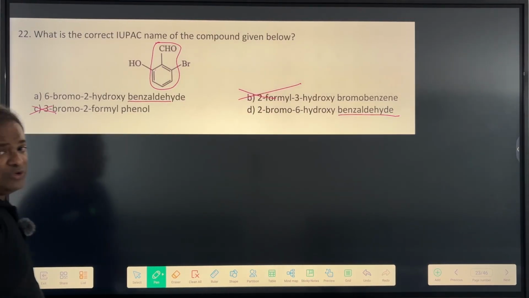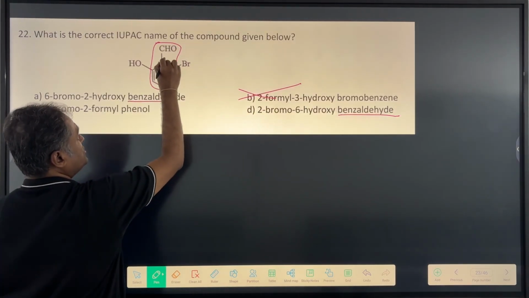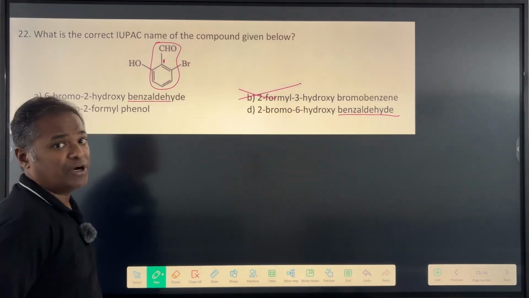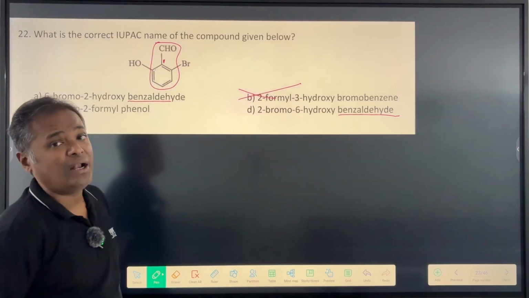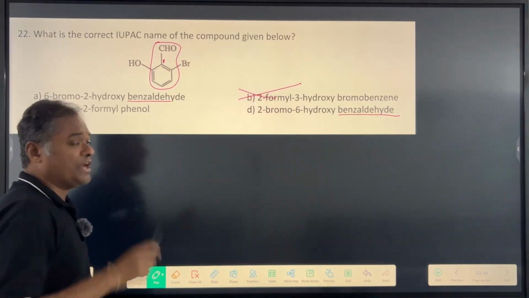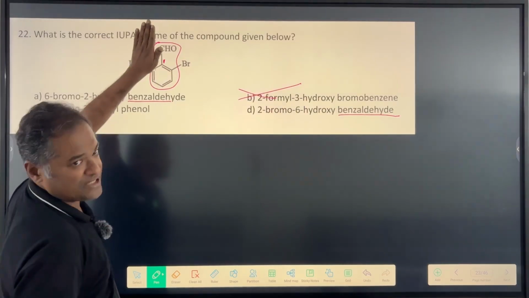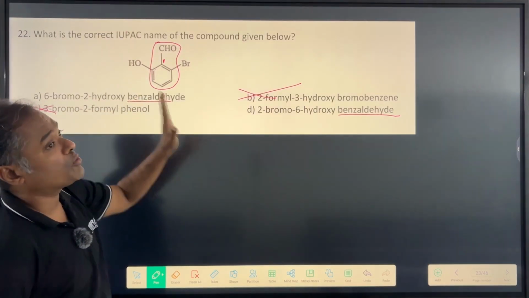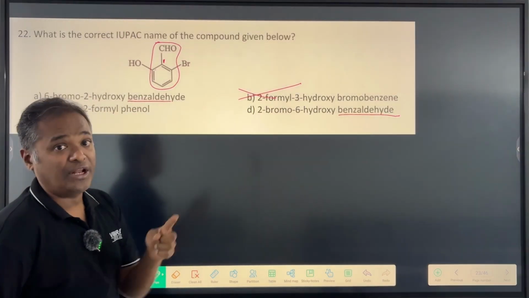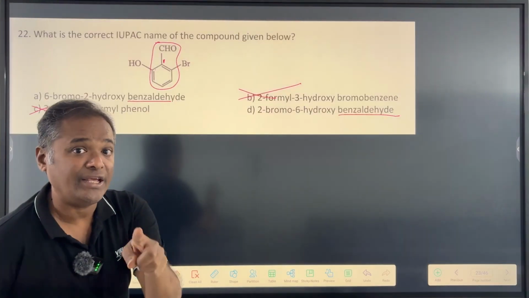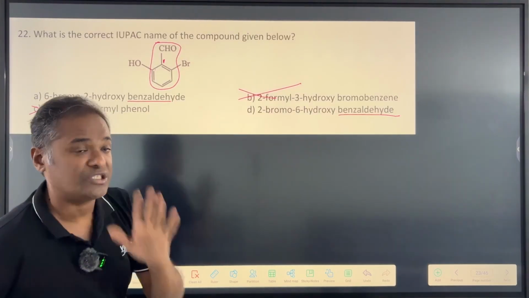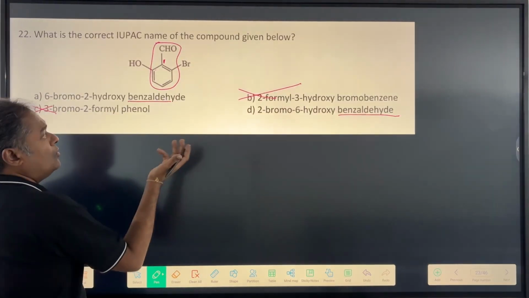Now, when you start numbering this, the next question that comes is, sir, what would be your number 2? Because there are two groups, bromo and hydroxy. Now listen child, once the principal group is decided, all remaining groups will be side chains. Then you have to go alphabetically: whoever comes first should get the lowest number. So here, what is the concept?